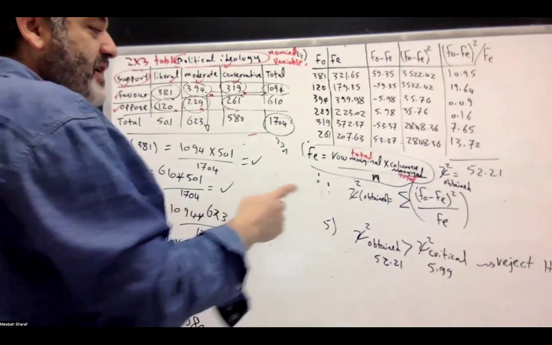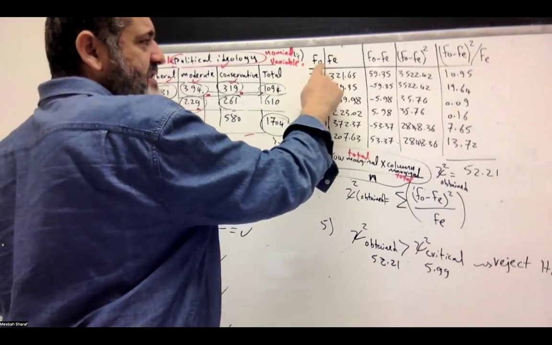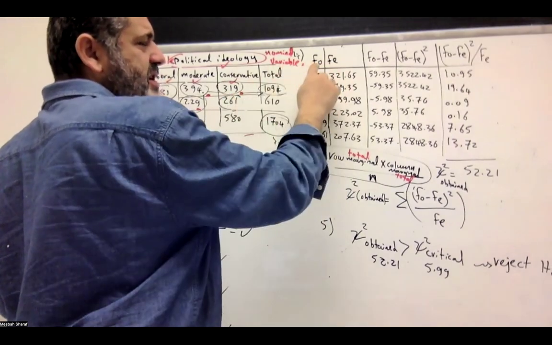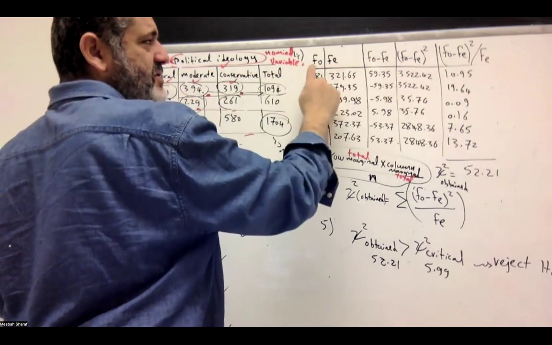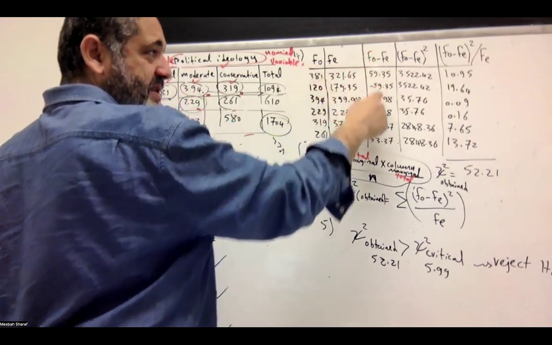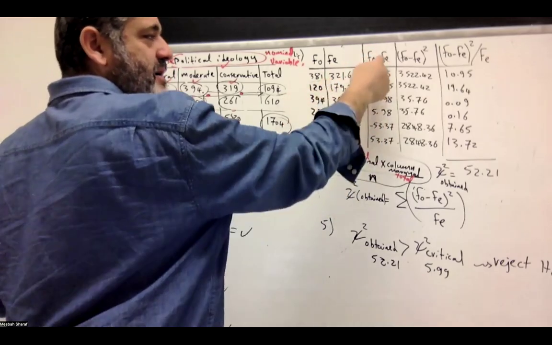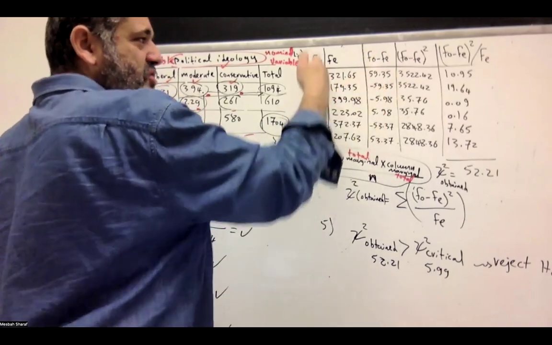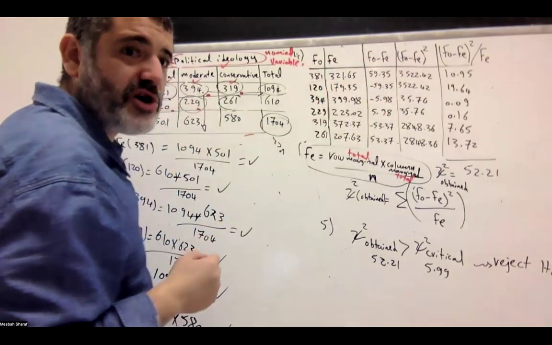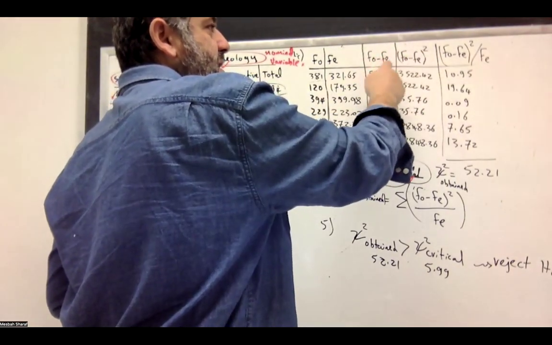To get the chi-square, first, after you get the expected frequency and you already have the observed, subtract the expected from the observed. Subtract this from this, and you get this column. So 381 minus 321 gives you 59. Same idea, this minus this gives you that. And then you square that column.